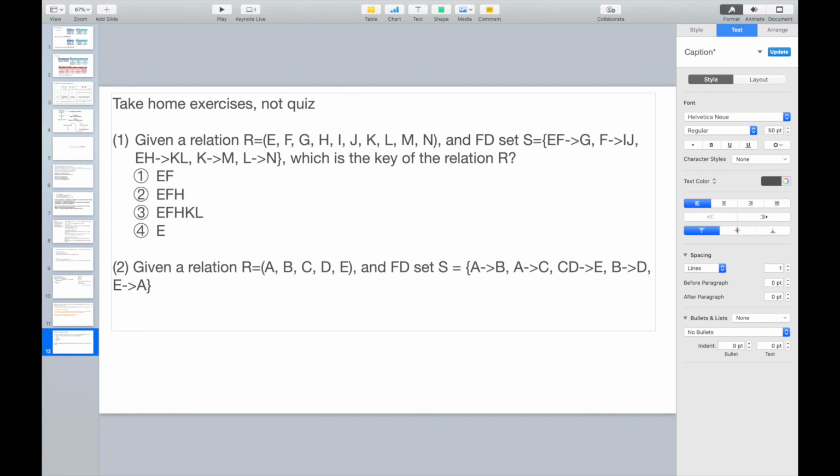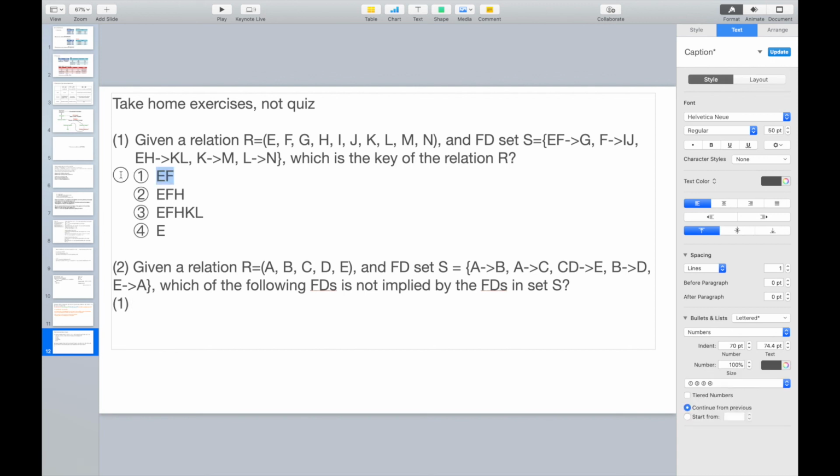Okay. Then the question is, which of the following FDs is not implied by the above FDs in set S? We will provide you with different options, and you may need to get the answer by yourself.